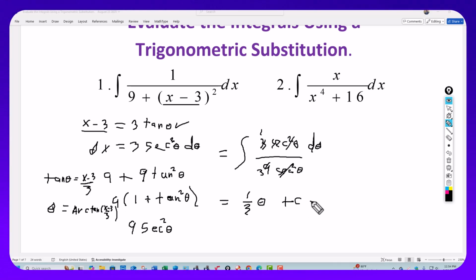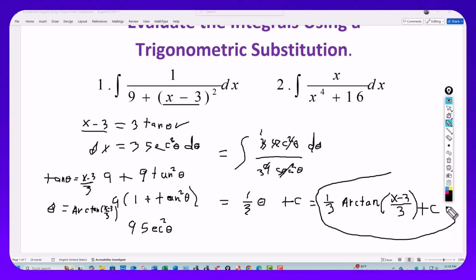And I just put the answer in here. Then this would be 1/3 arctan of x minus 3 over 3 plus the constant of integration. And that's the same answer that we got using the integration formula for arctangent that I just showed you.